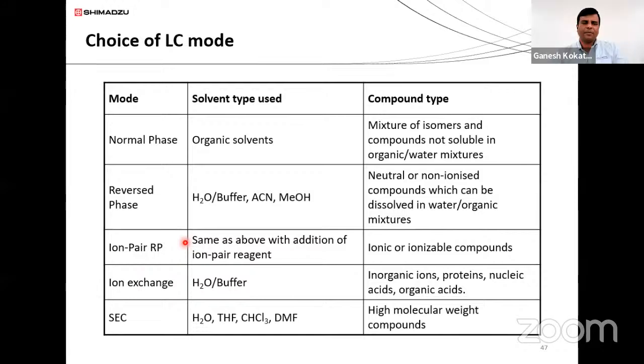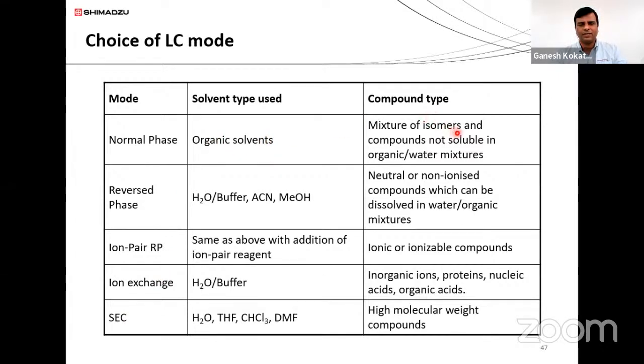Okay, so in the mode itself, there is normal phase, reverse phase, ion pair, and SFC. Or maybe size exclusion, not SFC. I'm talking about size exclusion chromatography. For normal phase, the solvent type is an organic mixture, for isomers.